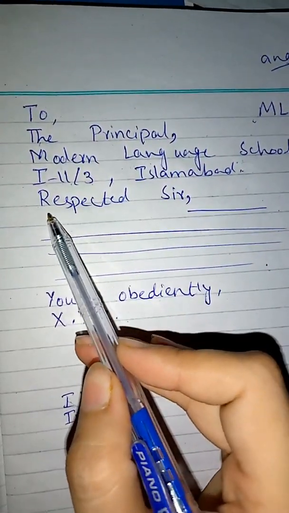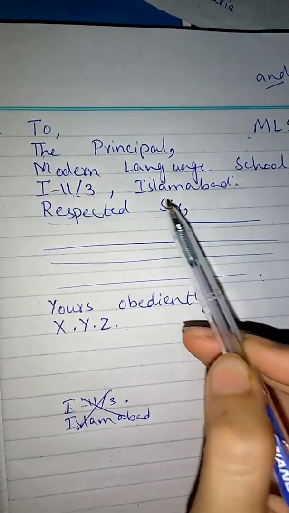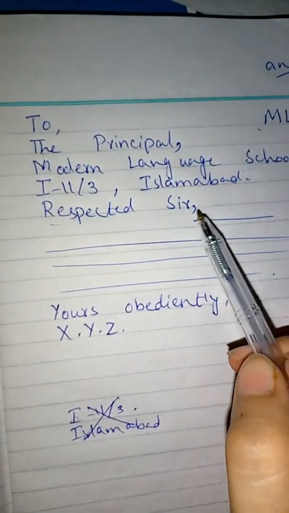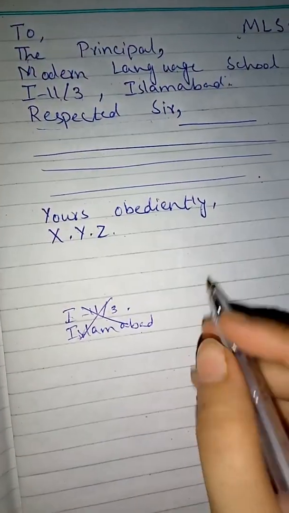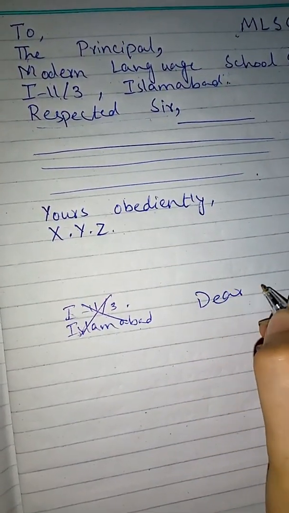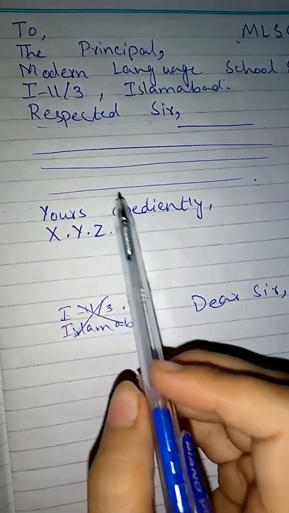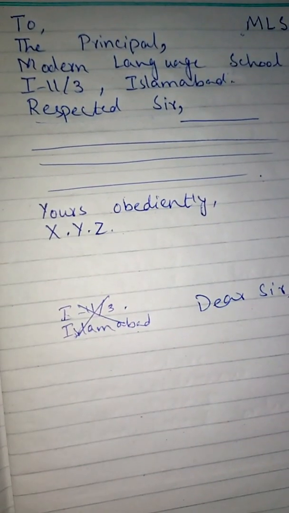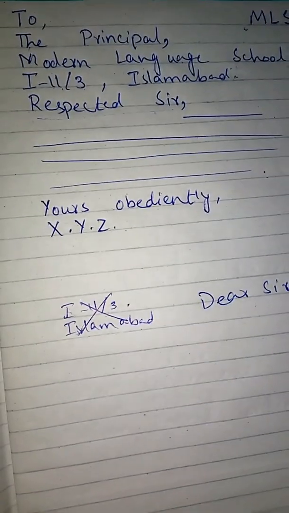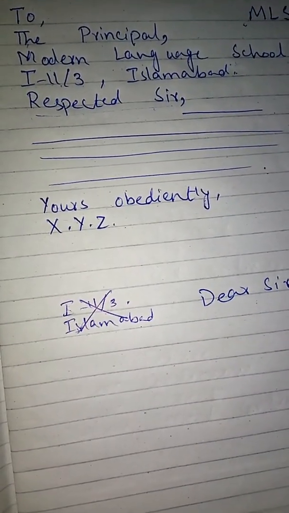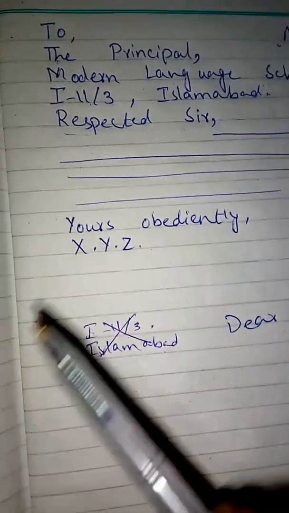Then you will write Respected Sir, comma, R will be capital, S will be capital. It won't be Dear Sir, because we are writing an application, because of the formal writing, because of the formalities.